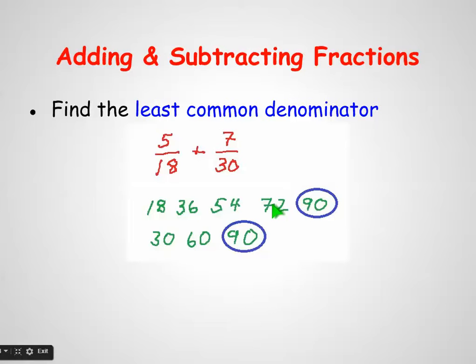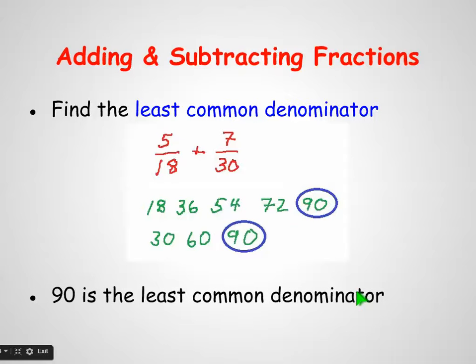Times 4 is 72, times 5 is 90, or I could just add 18 and keep going. Next one would be 108, but I knew I didn't need to go that far. 30 times 2 is 60, 30 times 3 is 90. I have a match. 90 is my least common denominator.